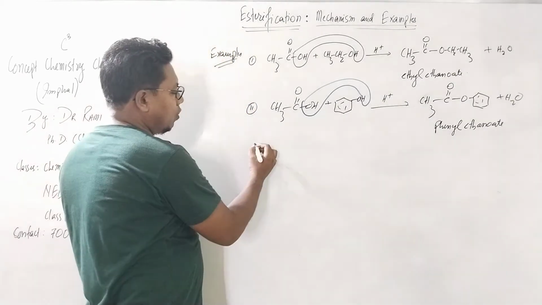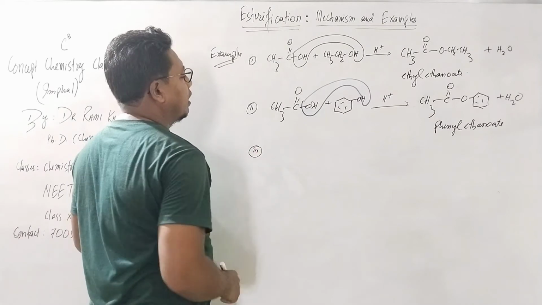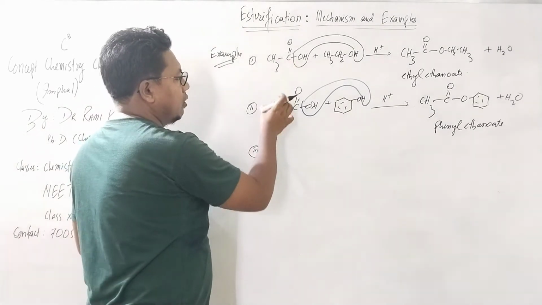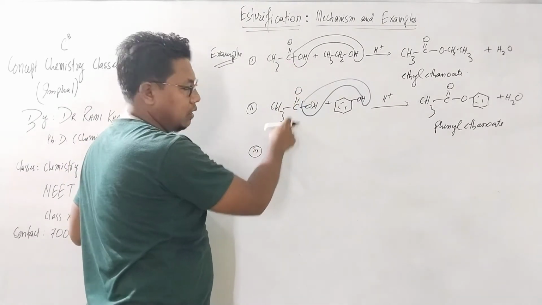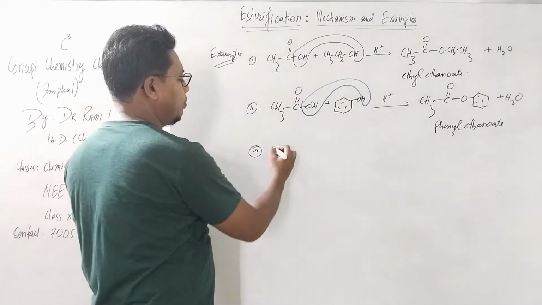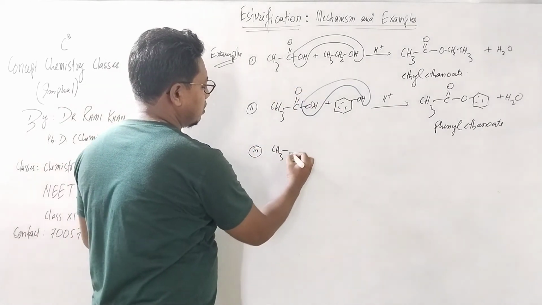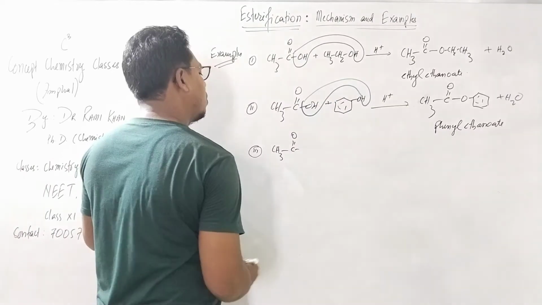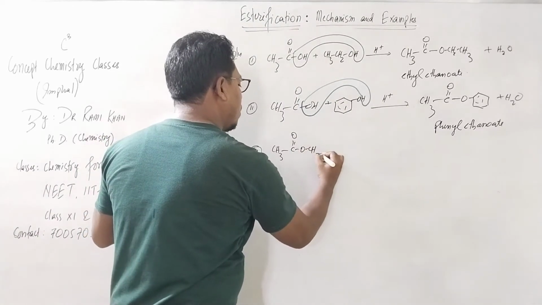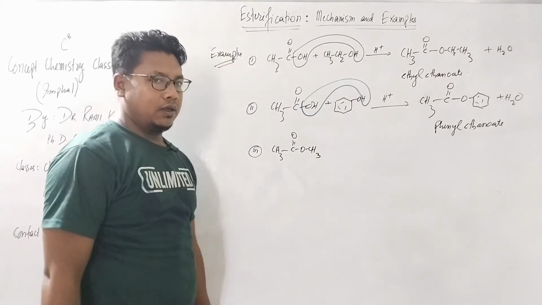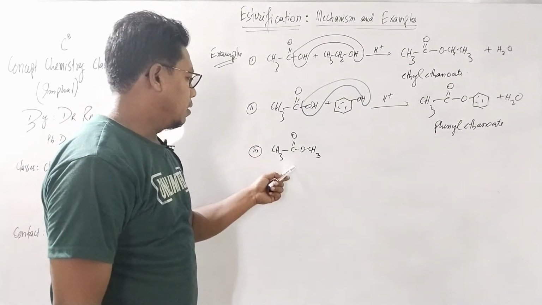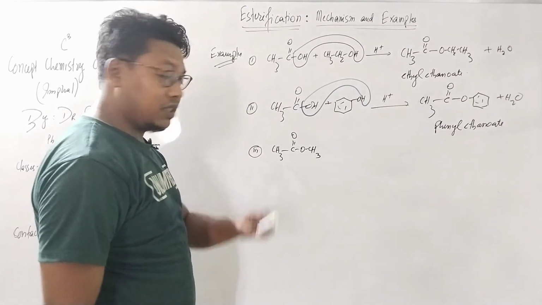So now let me give another example, which is specially called trans-esterification. I have already told you that we can take derivatives of carboxylic acid instead of this carboxylic acid. So I am taking this as the derivative. This is ester actually.